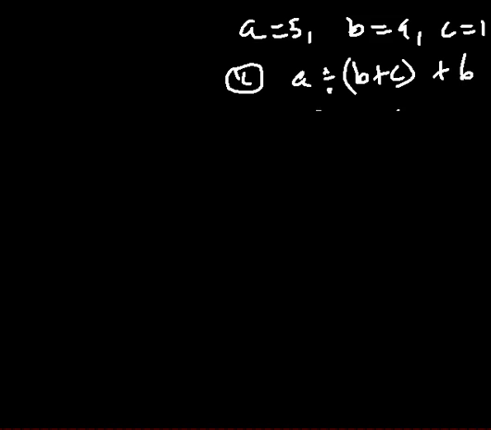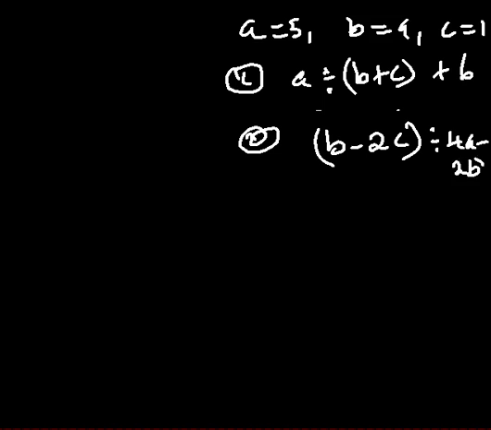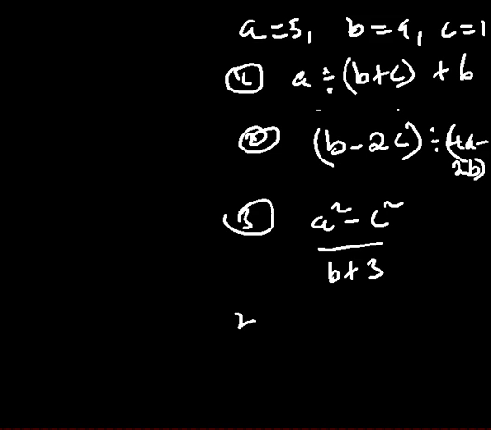Then I wish to have b minus 2c divided by 4a minus 2b. So how do you think you can do that? And let's say we should also have this as well: a square minus c square divided by b plus 3. How should we have it?